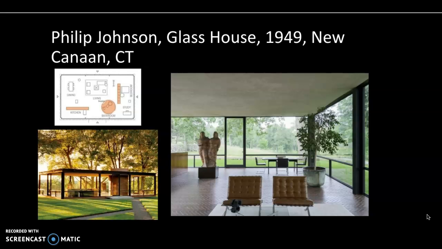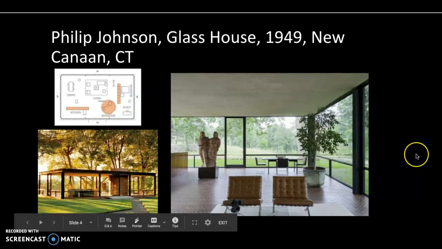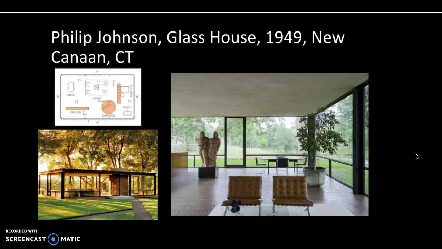You'll see that this is a pretty minimal structure. It is a glass rectangle, and we see floor-to-ceiling glass curtain walls. And these exposed I-beams here, this is providing the structure for the house.